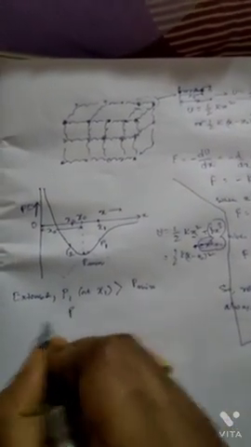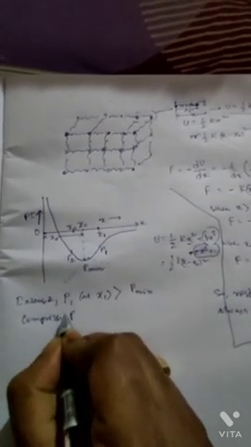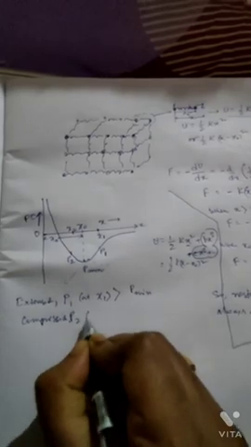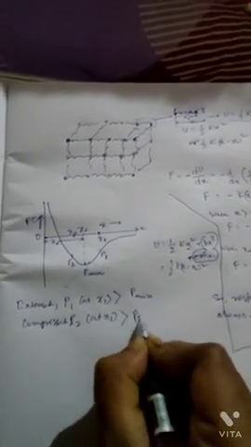So for compression, P2, that is at x2, is also greater than P minimum.